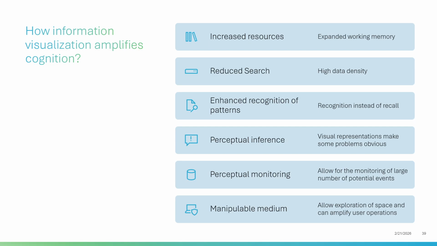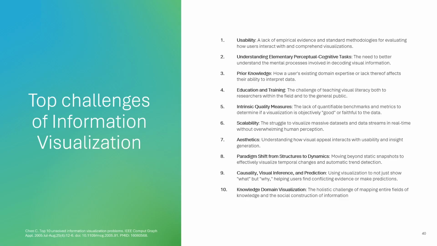I showed you all these composite graphs like the radar or the stack that can help us with that, and we can have a manipulable medium that allows the user to explore that space and create their own conclusions.